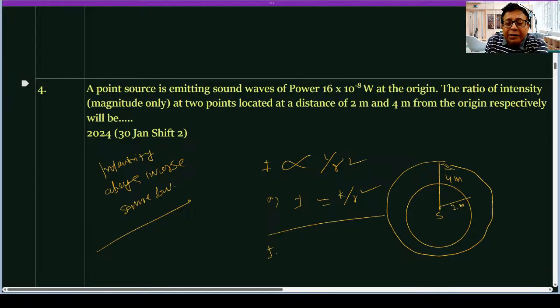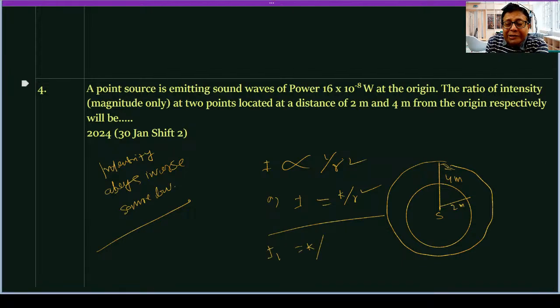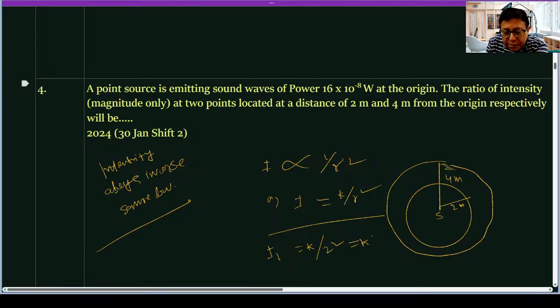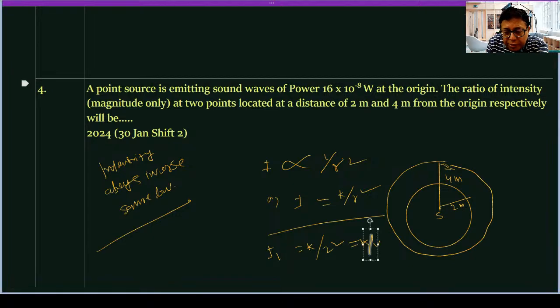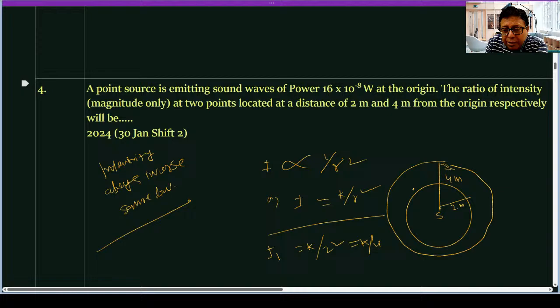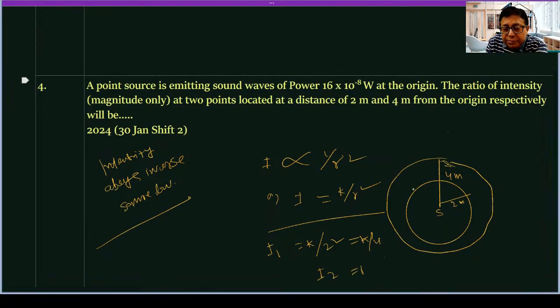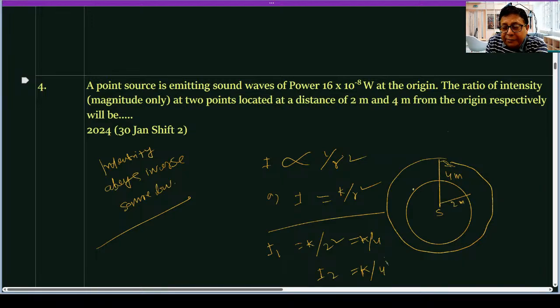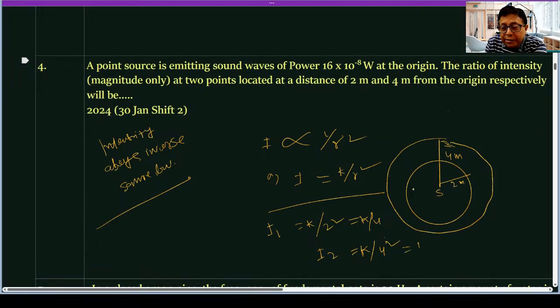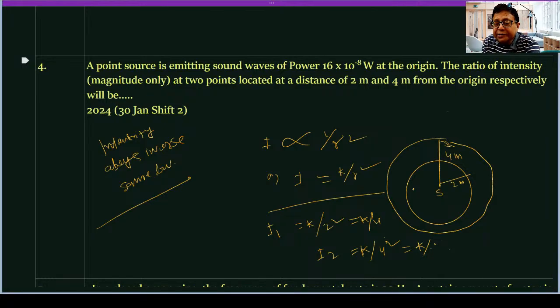So I1 will be K by 2 square, K by 4. And I2 will be K by 4 square, K by 16.